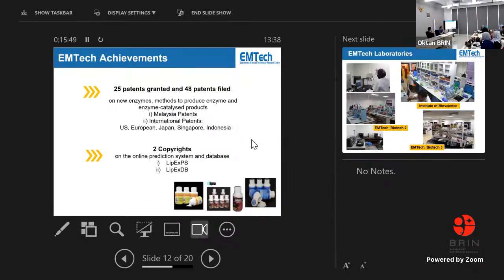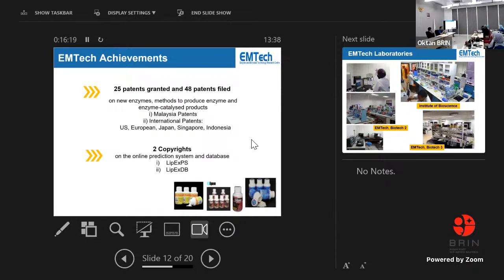Filing intellectual property, protection of ideas and innovations, is also a practice that we apply. We protect the ideas even before the work is made for publication. So we have a number of filed and granted patents, granted in various countries: United States, Europe, Japan, and the likes.